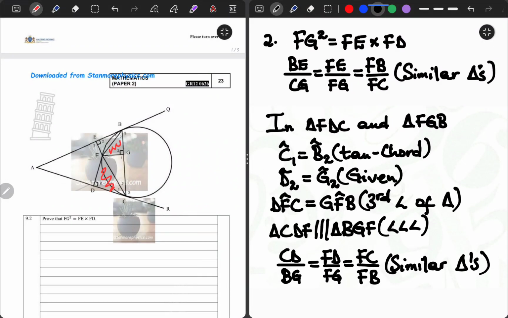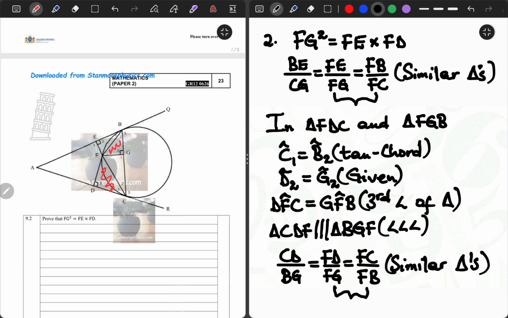So we've got this. What can we do from there? I think we've got this one here and this one there.